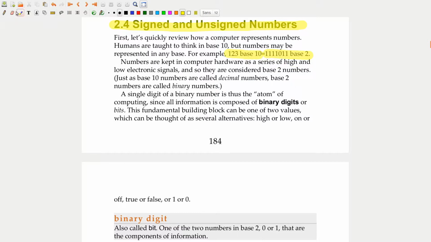1111011. And the way that you can prove this to yourself is, let's just expand this out.